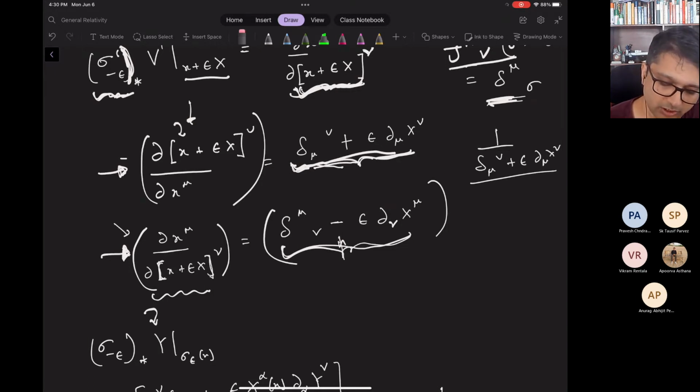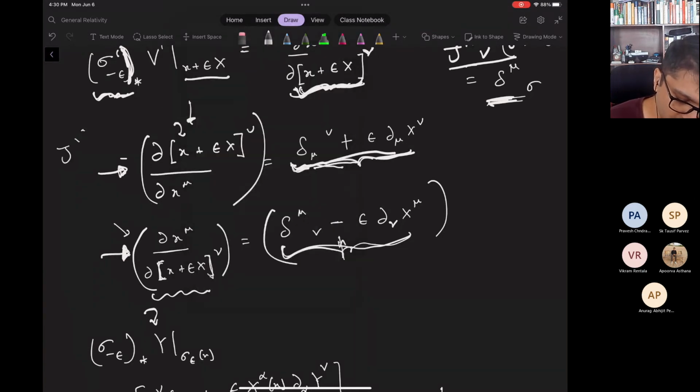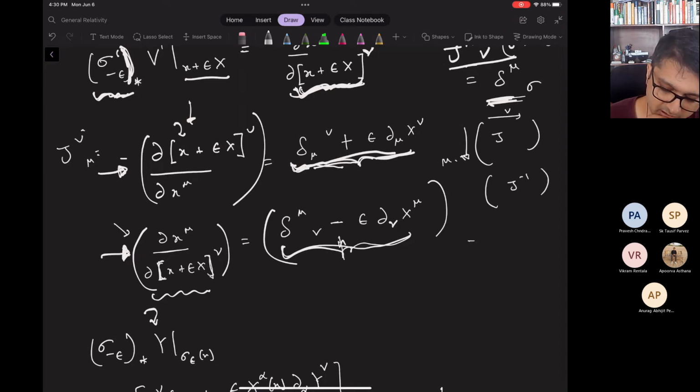So what you need to do is this: I write the Jacobian J with an upper nu and a lower mu, and think of it as a matrix. I want to multiply by the inverse Jacobian, and the result should be a diagonal matrix. Let's say the nu index and a sigma index.